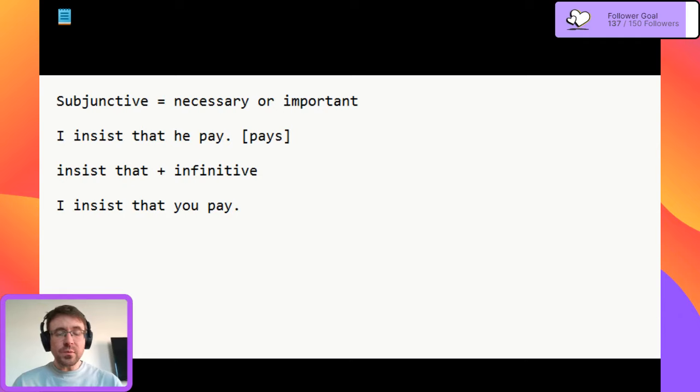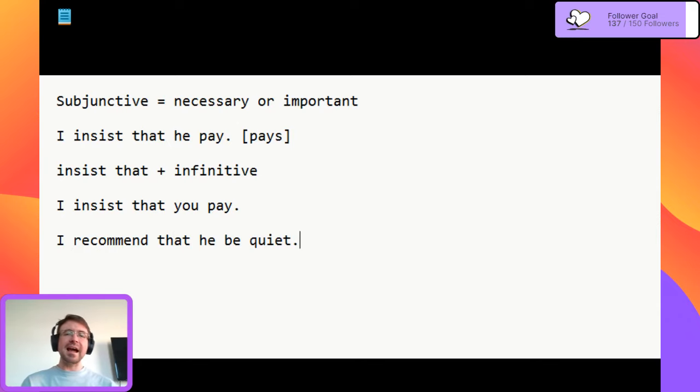The only way that we can see that it is actually the subjunctive is when we have he, she, it, or with the verb be, because obviously be is very irregular. So we can have sentences like, I recommend that he be quiet. Looks very strange, looks very unusual, but grammatically it is correct.